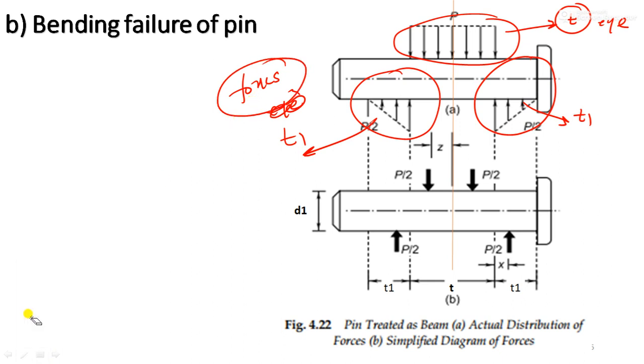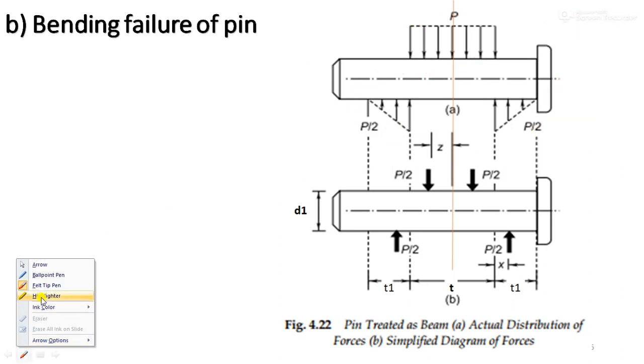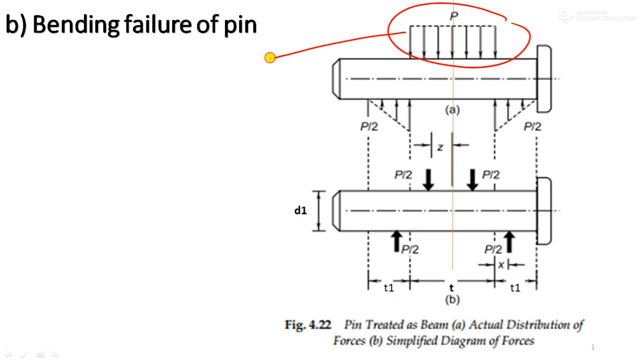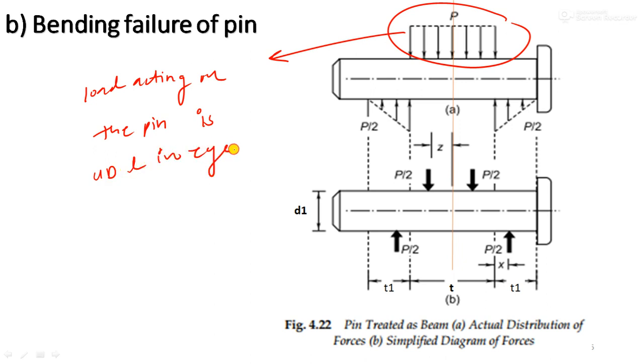So obviously it is very basic to understand that for this middle portion, I will write here, the load acting on the pin is uniformly distributed in the eye.